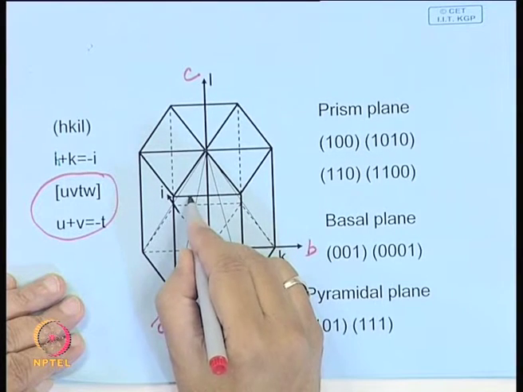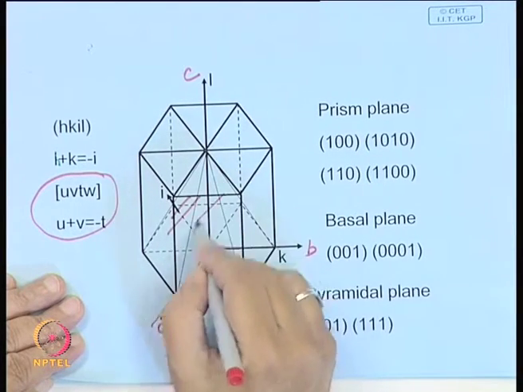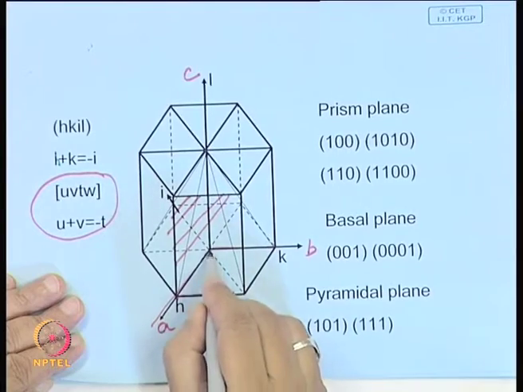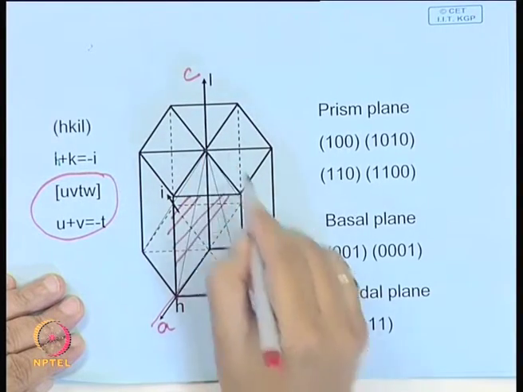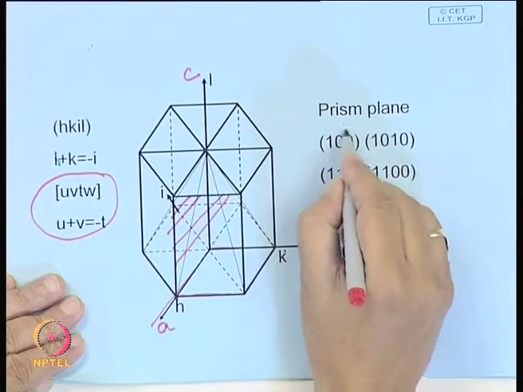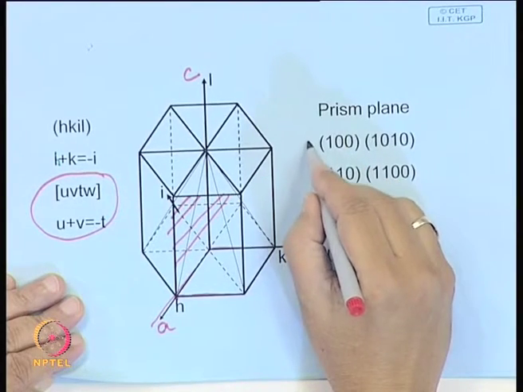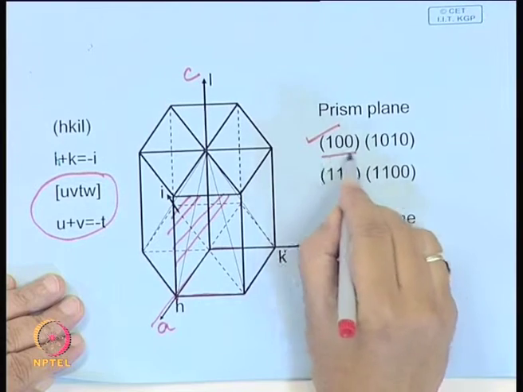One of the prism planes is like this. It intersects only axis A over here, and it is parallel to both C and B. So, following the rule that we just saw, it is 1 0 0.